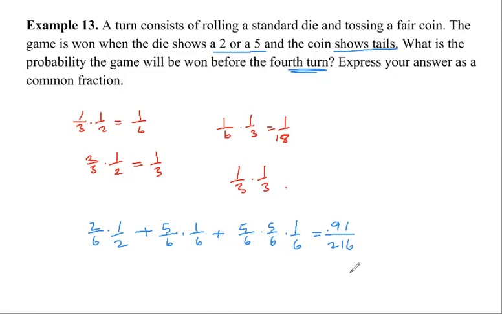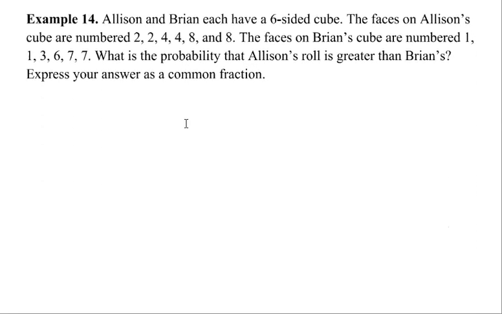I hope I didn't miss anything, so it looks like 91/216. Yeah. Just to be clear, this is winning on the first turn, this is winning on the second turn, this is winning on the third turn. So that's basically our cases.